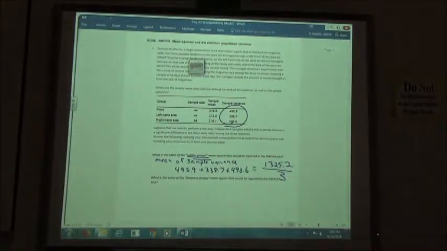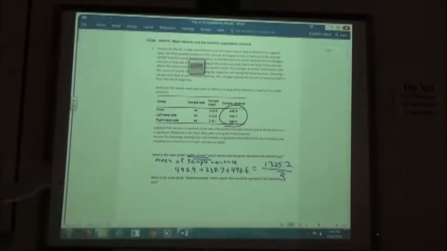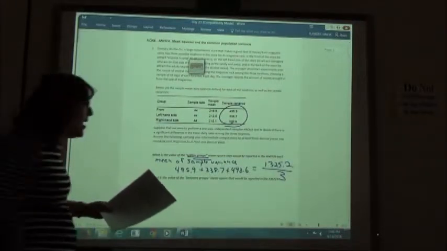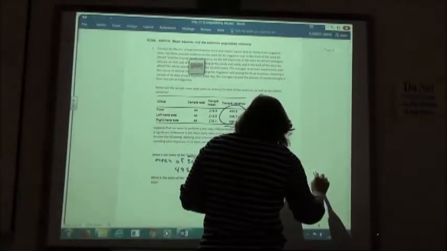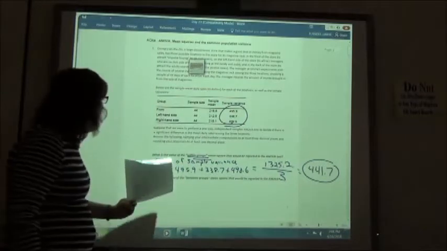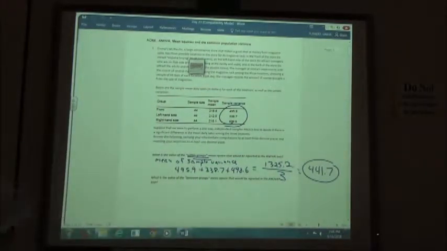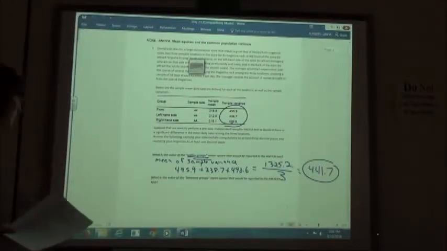When we find the mean, we add them up and divide by how many numbers are on the list. So if you take your 1,325.2 and you divide by 3, we are going to get 441.7 for our value of the within groups mean, within the group. So 441.7.